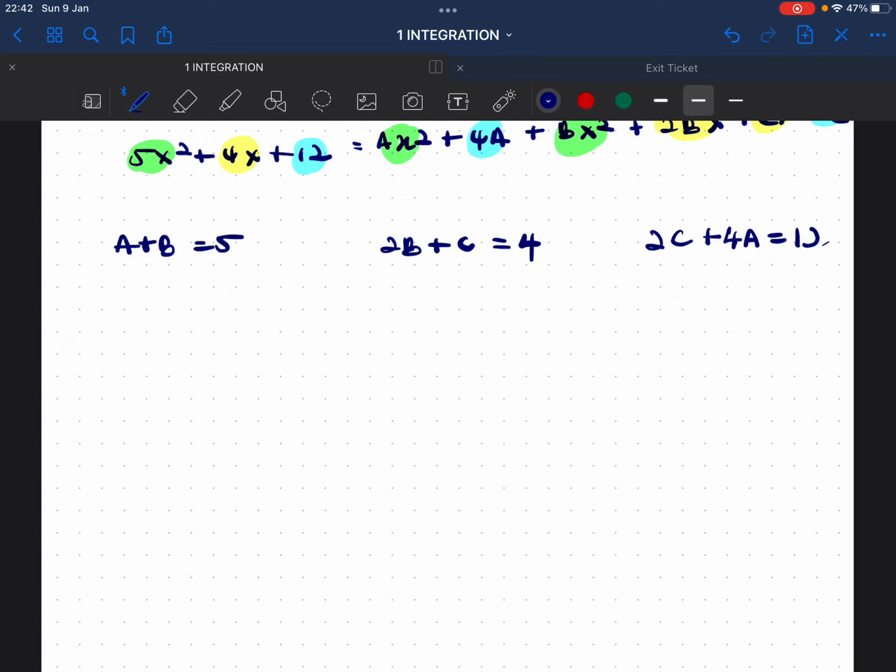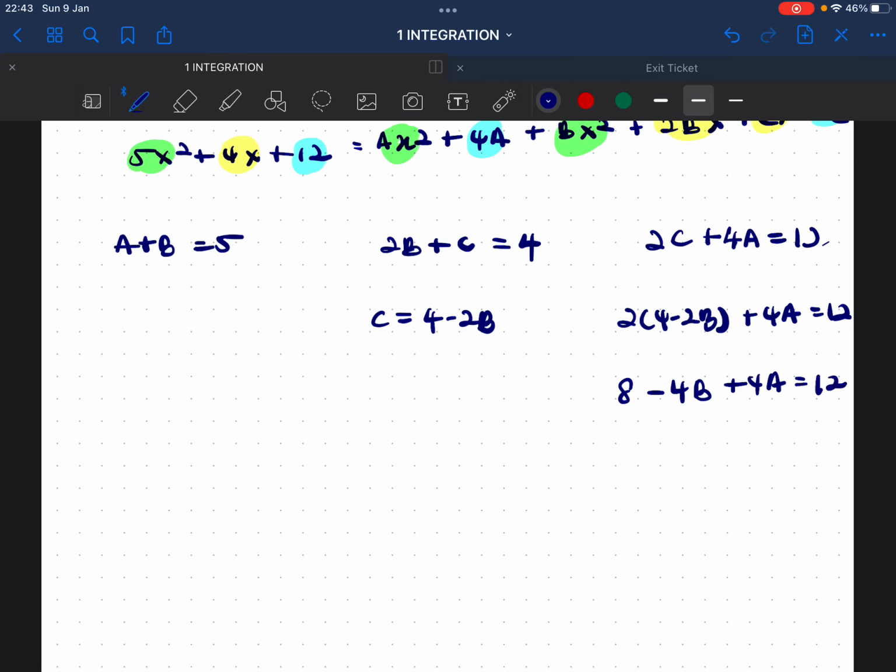So what are we going to do first? Let's just substitute here. C is equals to 4 minus 2B. So substitute here, 4 minus 2B plus 4A equals to 12. So that will be 8 minus 4B plus 4A equals to 12.